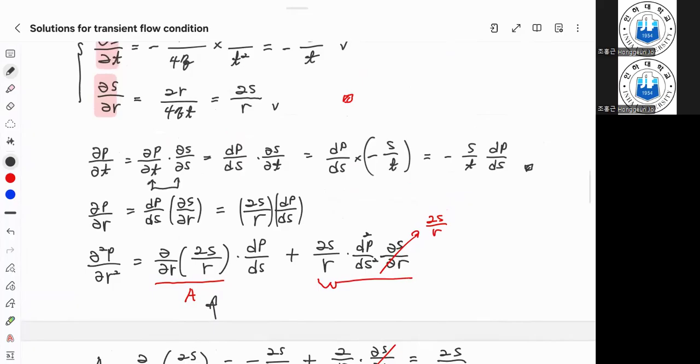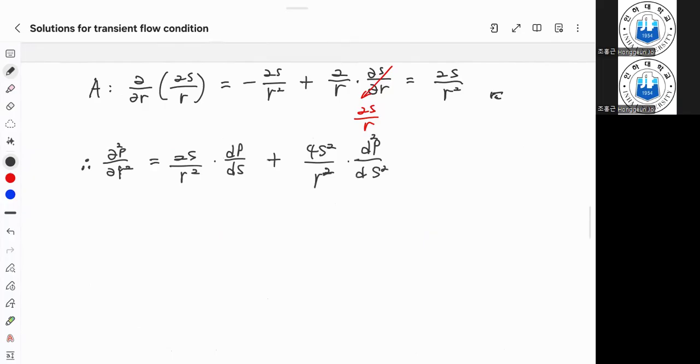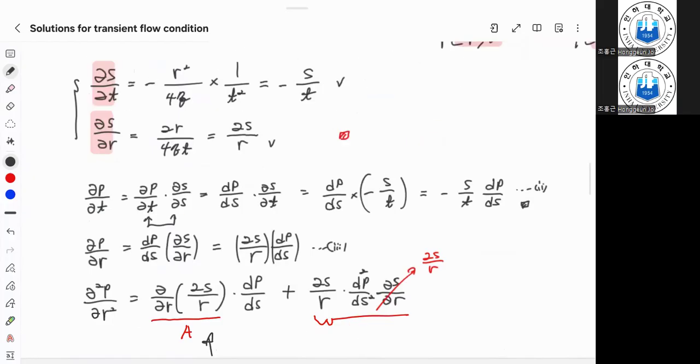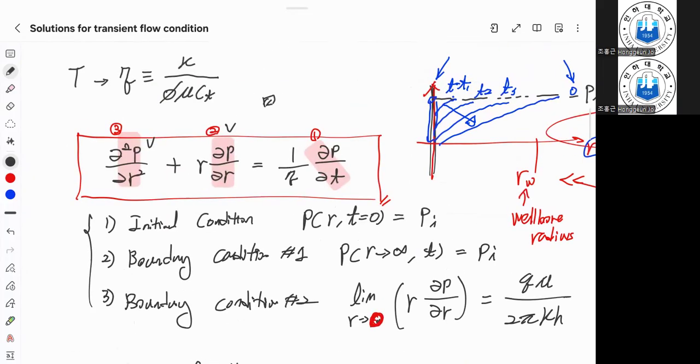So let's say this is equation 2, equation 3, equation 4, and this equation is number 1.